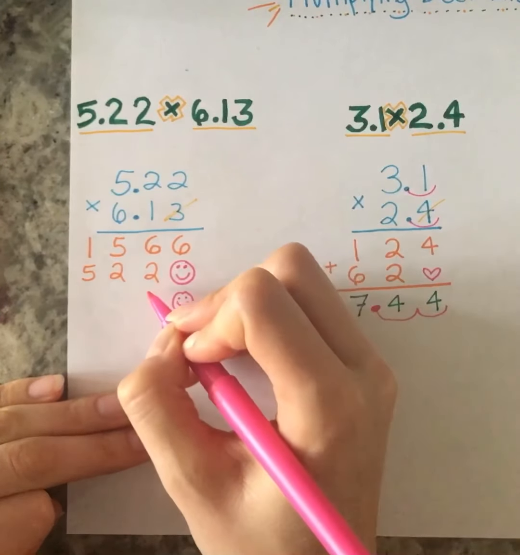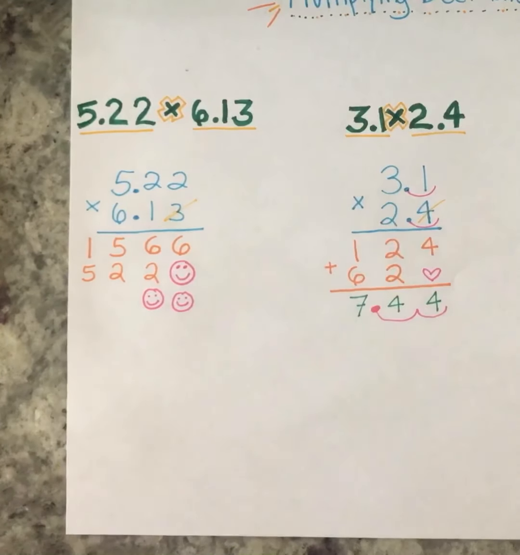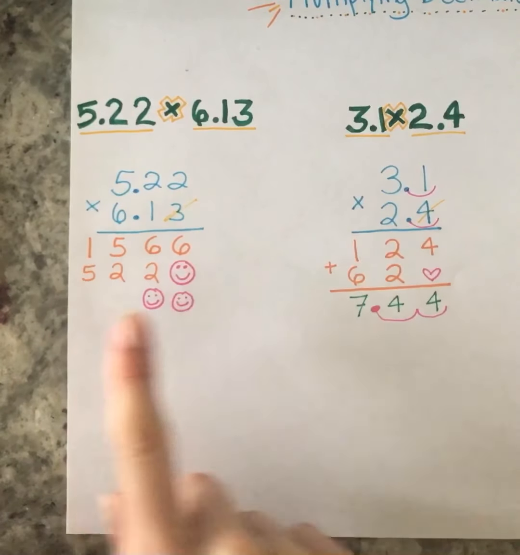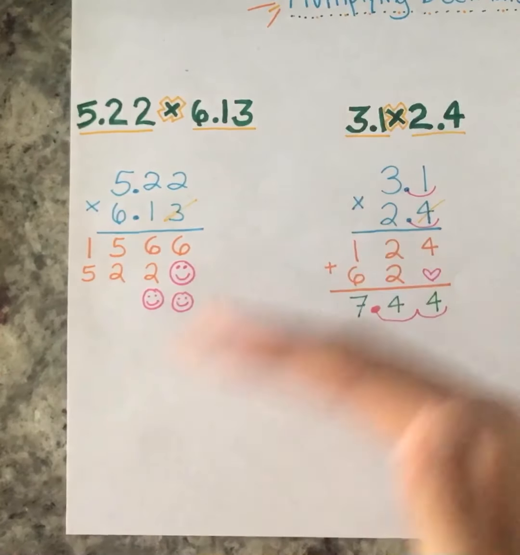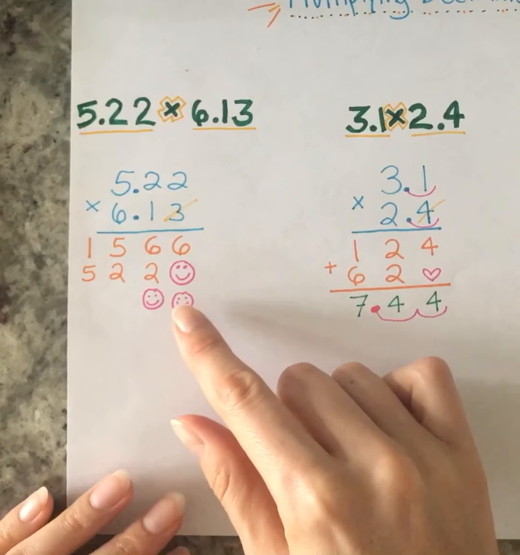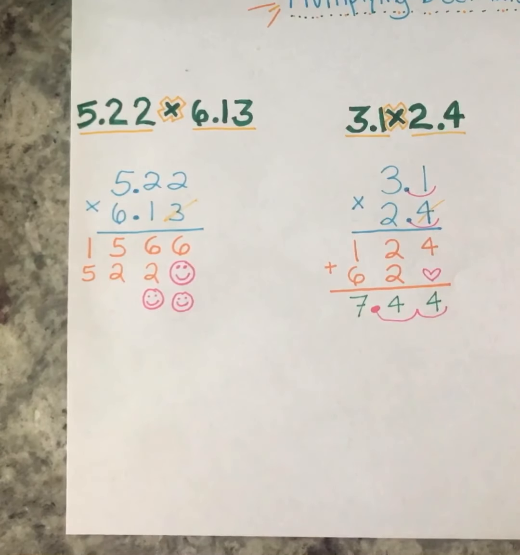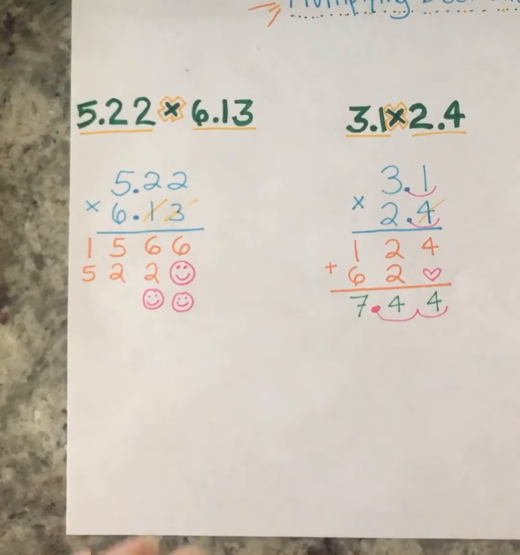So I'm going to put 2 placeholders because now we've moved to the 10ths place from the hundredths. So each layer, or row, whatever you want to call it, will have an extra placeholder with each subsequent level.